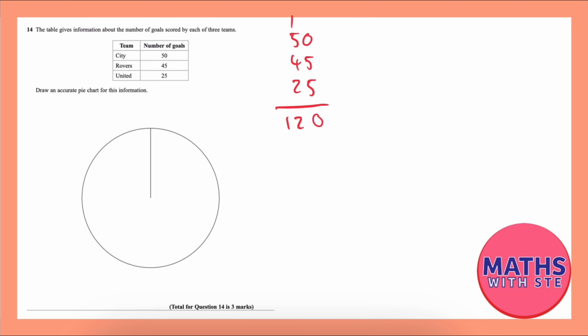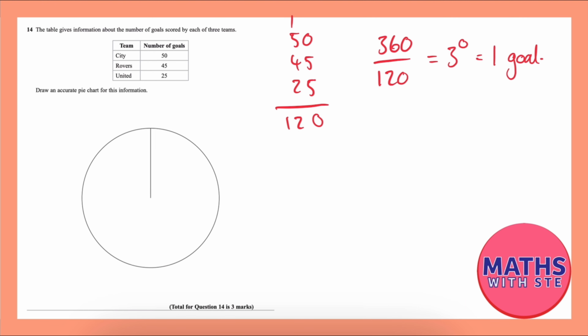Now, I need to know how many degrees each goal will make on this pie chart. So I can do 360 divided by 120, and that is going to be 3. So 3 degrees equals 1 goal.